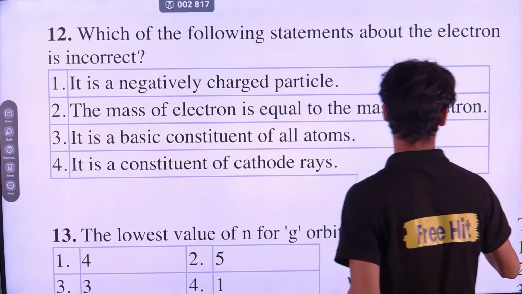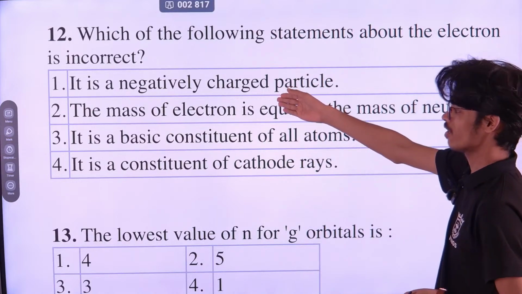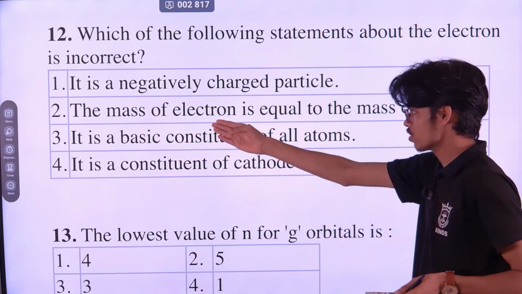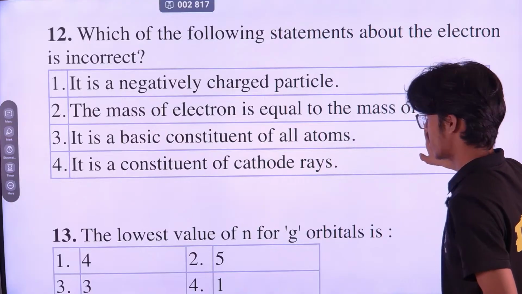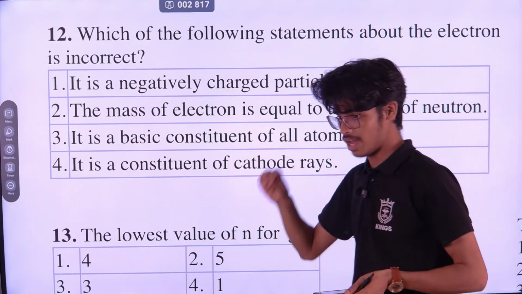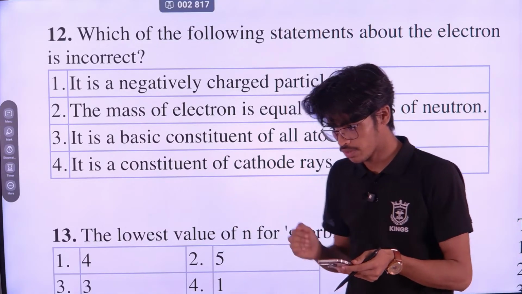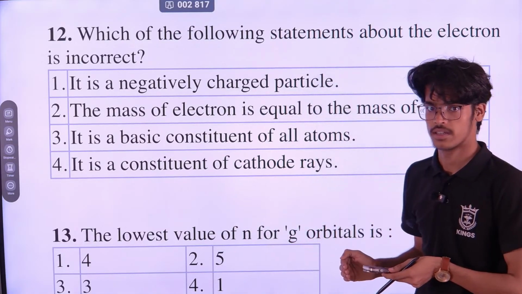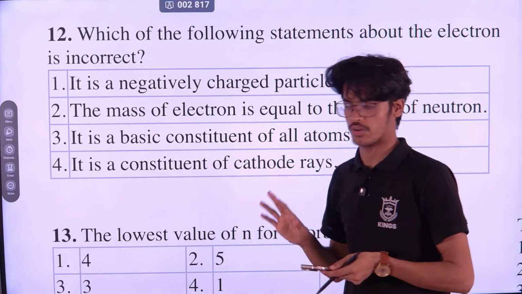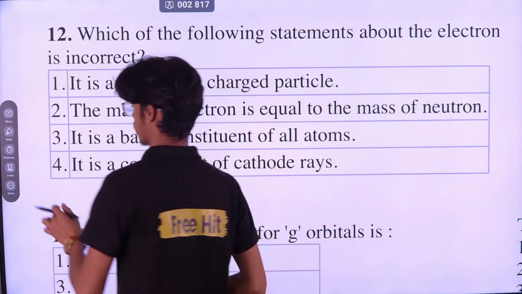We know that electron is negatively charged. Is the mass of electron equal to the mass of neutron? No. The mass of protons and neutrons are equal, but the mass of electron is much lesser compared to the proton and neutron. So this is the incorrect thing.